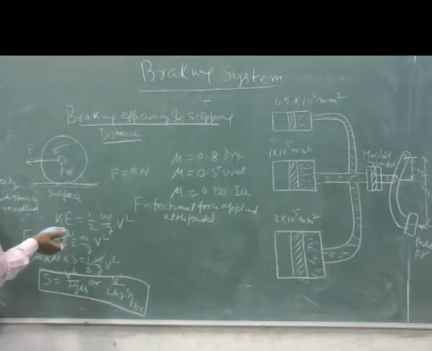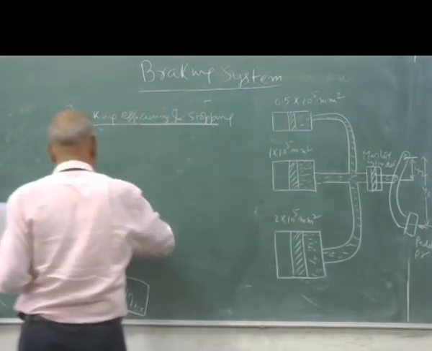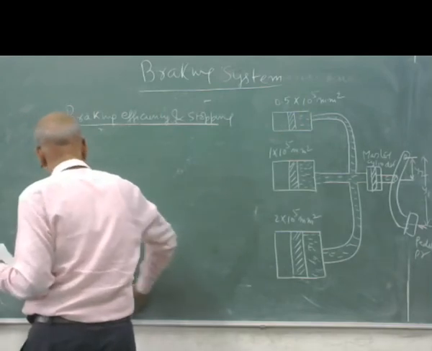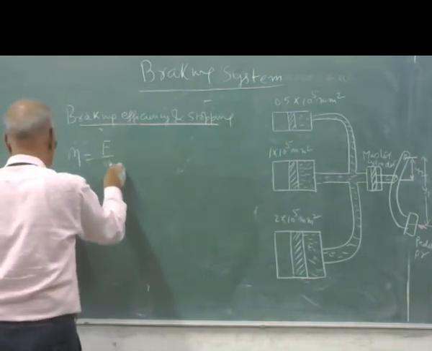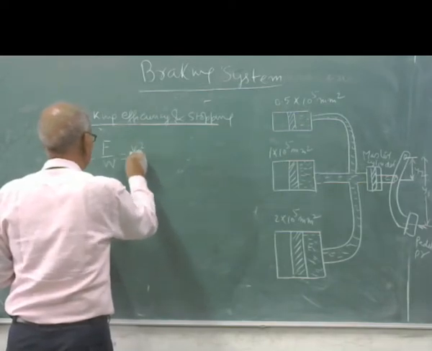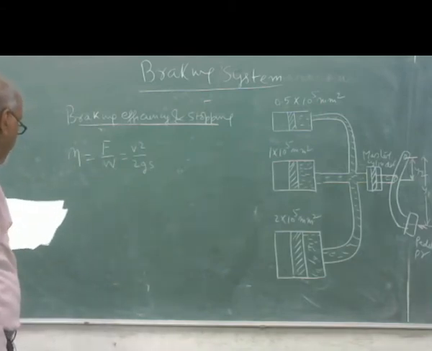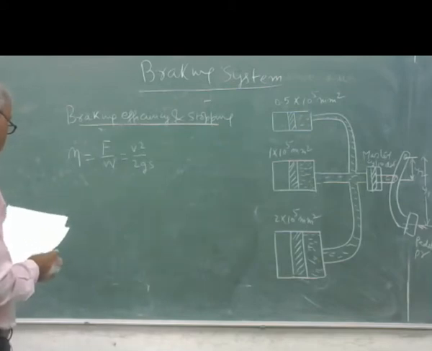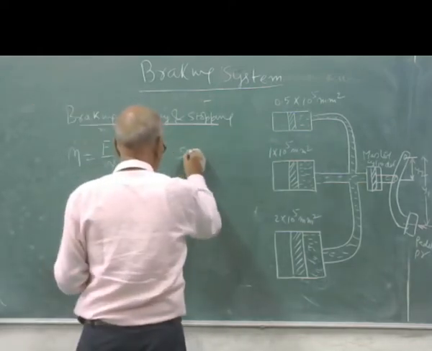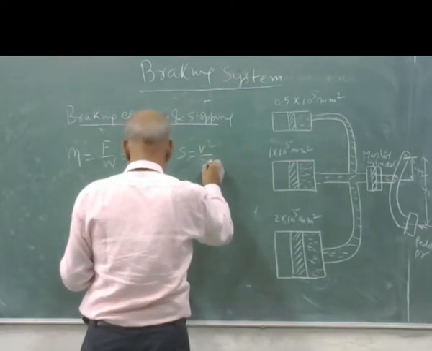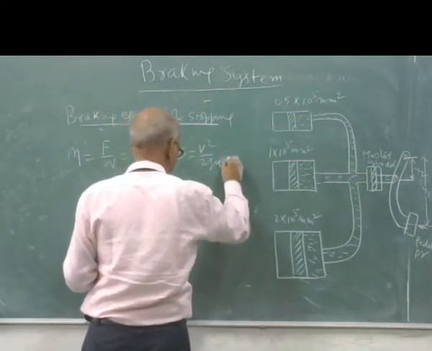Now, what is braking efficiency? Braking efficiency beta is F upon W, that is V square upon 2G into S. F is mu into W, and W we have obtained from half m v square. The value of S we wrote just before: S is equal to V square upon 2G into mu into braking efficiency.